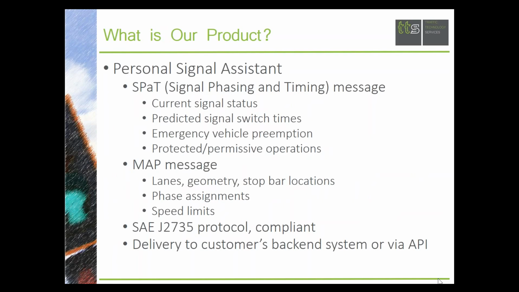Actually, what happens here is the map data that Ray had mentioned is obtained ahead of time when we're going through a city, so it's getting that lane-by-lane version of what's going on within the intersection, and this is a lot of feedback.